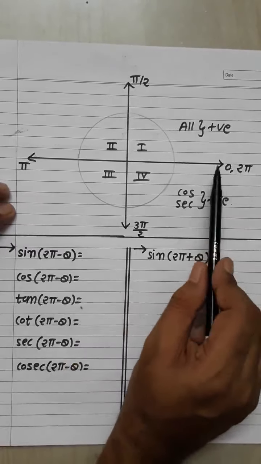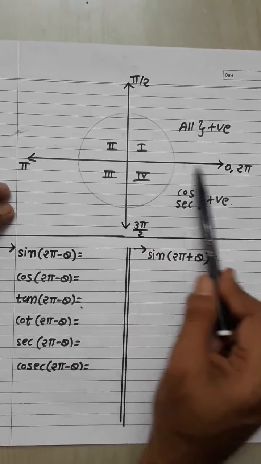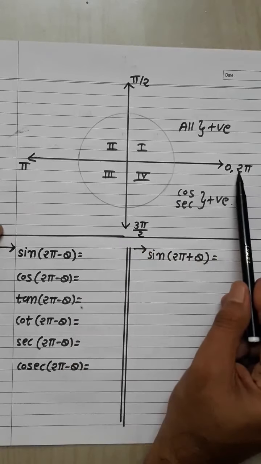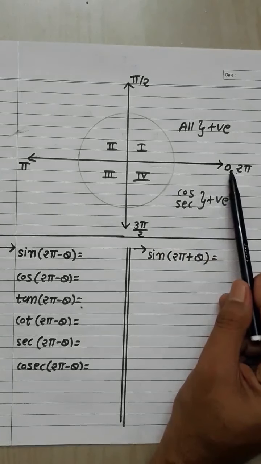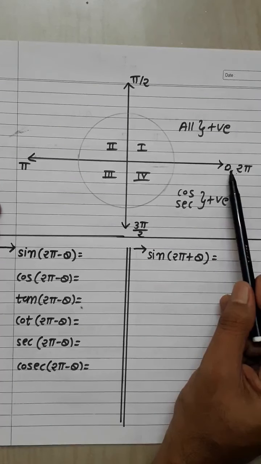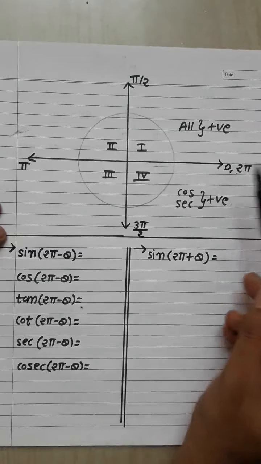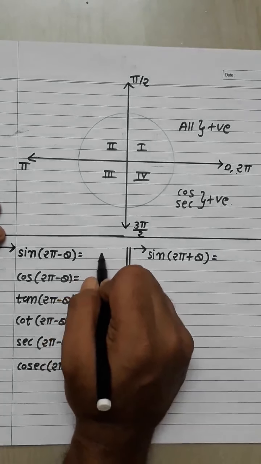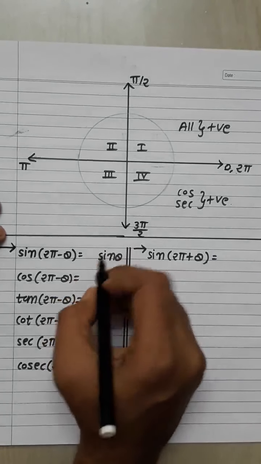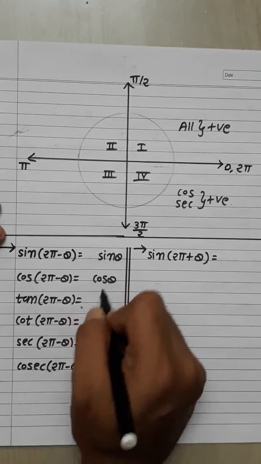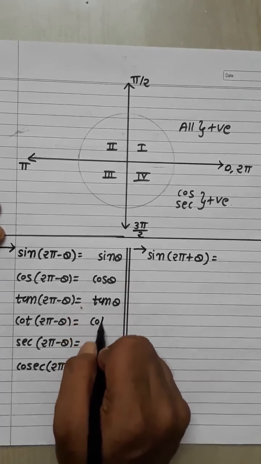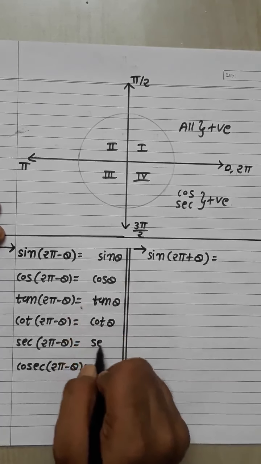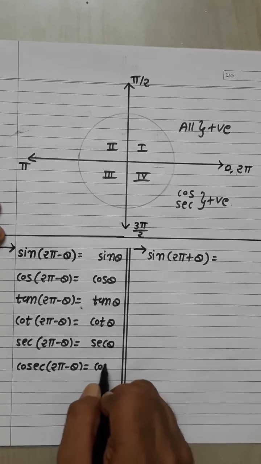So 2 pi is present here. Now this value 2 pi is present on the x-axis, so we cannot change the position of the function. Sine stays sine, cos stays cos, tan stays tan. So we write here first of all sine theta, cos theta, tan theta, cot theta, sec theta and cosec theta.